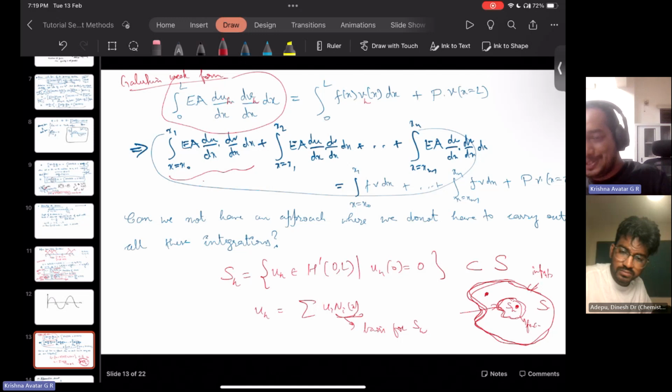If this segment happens to be where the colony or population of fish lies, then we are able to catch it. Otherwise, we may not. So if the solution lies in this, then we are able to get the actual solution. Otherwise, we are just happy that we got something which is closest to the solution. We are just trying to minimize the distance between the actual solution and the approximate solution that we are trying to find using FEM.